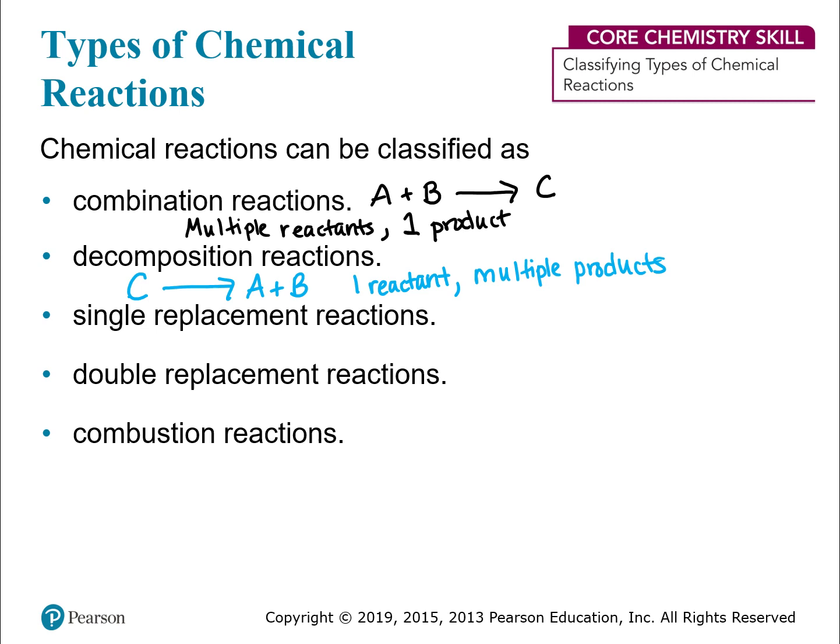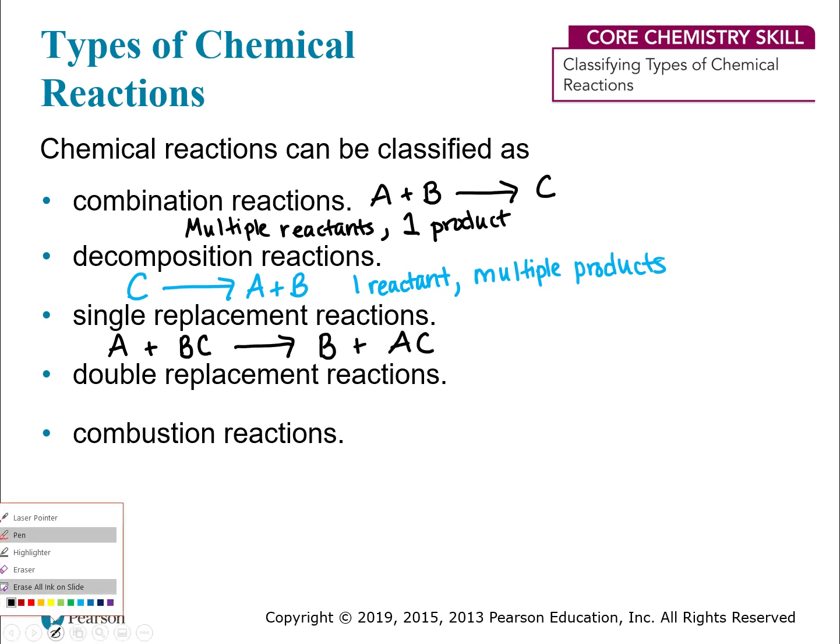Single replacement reactions, what we're talking about here is metals usually. Some metals are more active than others, and they can replace a metal in an aqueous solution. So if A is a metal and it's added to a solution of BC, if it's more active, it will end up in the solution.